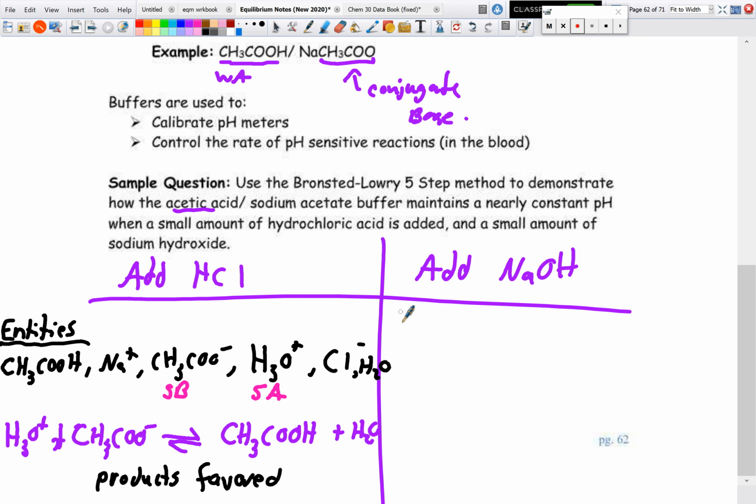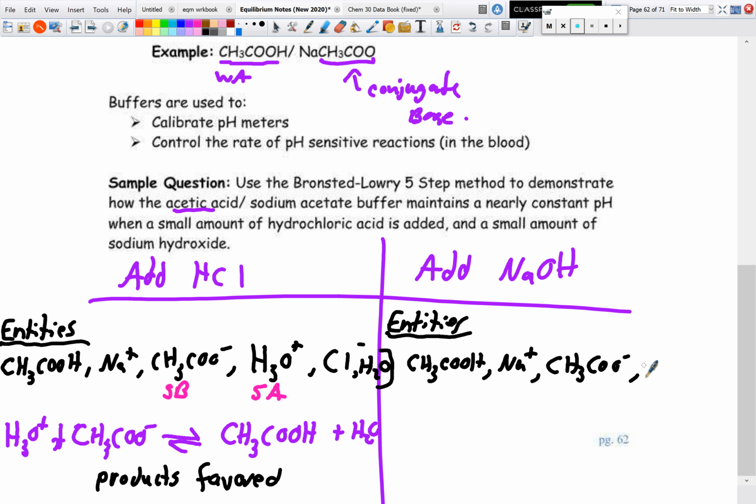Now, of course, for our addition of NaOH, same thing is that when we write out all of our entities, we got our acetic acid, we got our sodium, we got our acetate. Now this time for our sodium hydroxide, we're adding sodium again. Actually, I'm not going to write out sodium again because I don't need to, because we already have sodium over here, but we know metal ions don't do anything. So hydroxide and water.